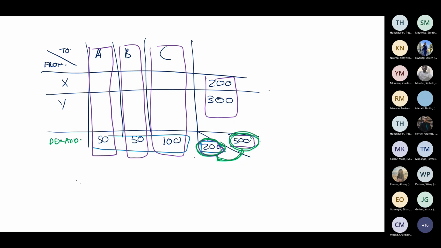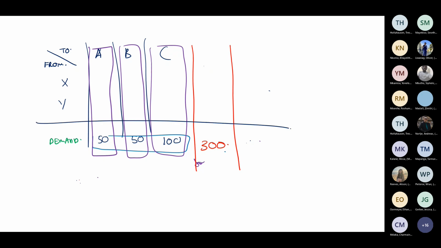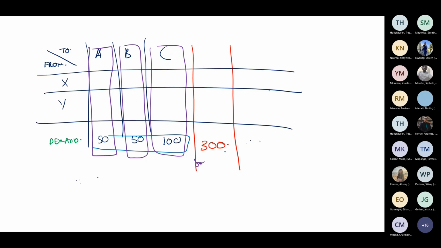We say, okay, fine, we need another column totaling 300, so we shove it in there and rewrite it. Just move this across. It'd help if it didn't rub everything out, but you get the point. We bring in another column and label it 300 as a demand, and I'll show you now why it won't make a huge difference.